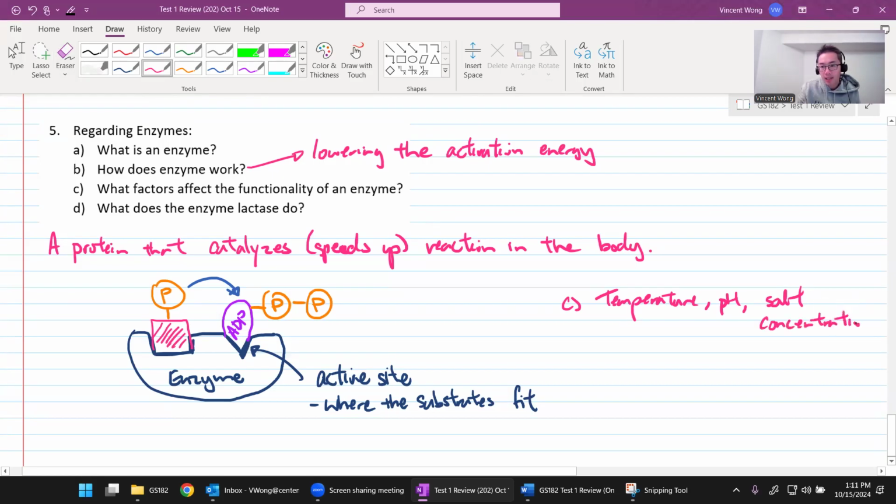All these things would affect the shape of the protein. If you change the shape of the enzyme, the pocket might be of a different shape. And if you have a different active site, then you will no longer be able to fit the substrate in.